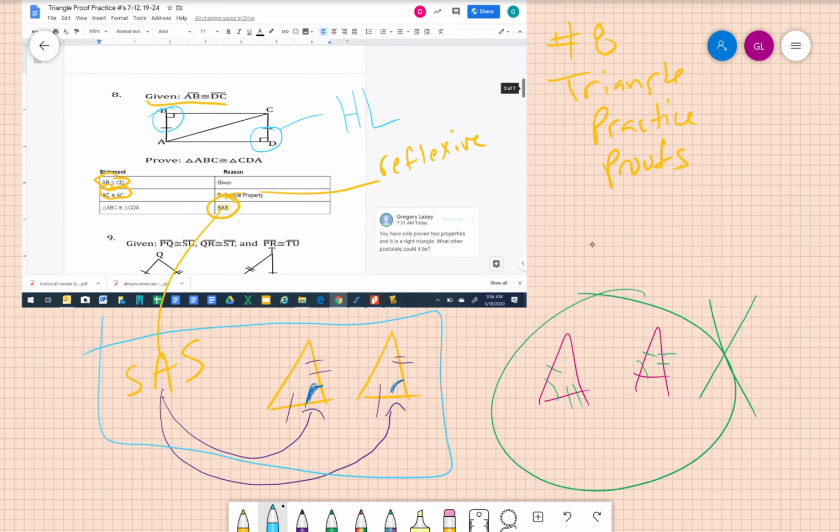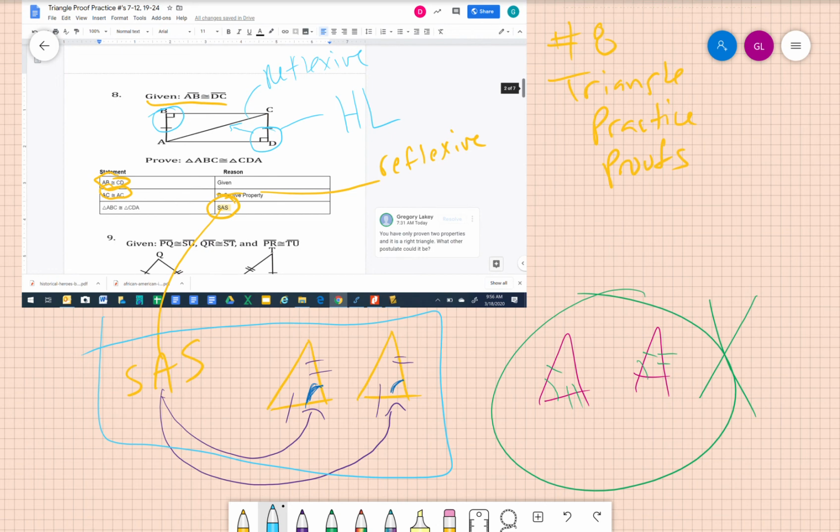So now in this case, we know the hypotenuse, which is right across from the right angle, is congruent because the hypotenuse here is the one that was reflexive. So we know that the hypotenuses are congruent because we had the reflexive property for line AC and AC. And then we have a leg congruent because they gave us that AB is congruent to DC.